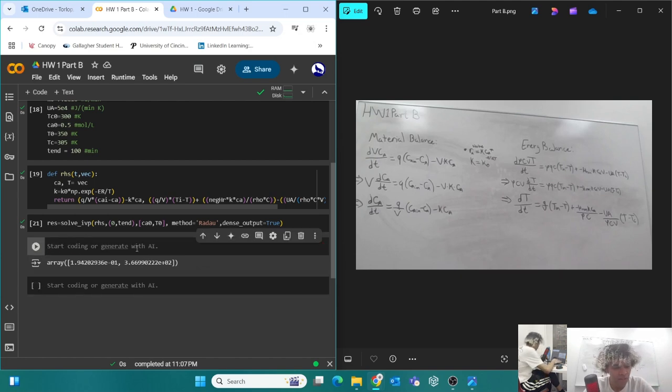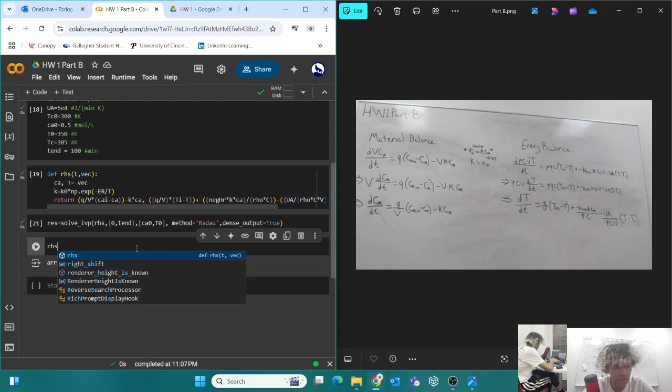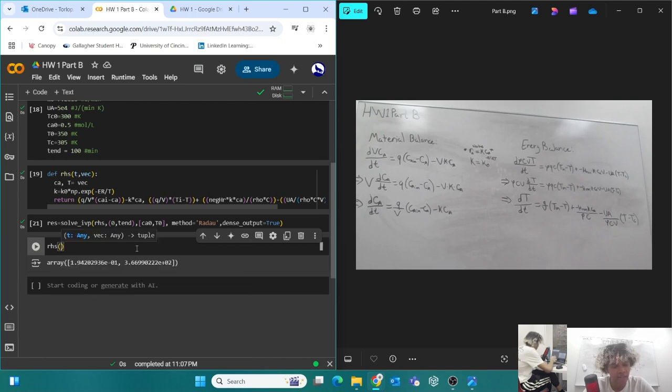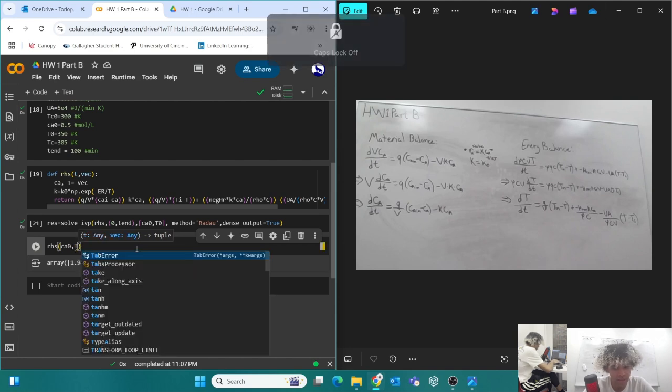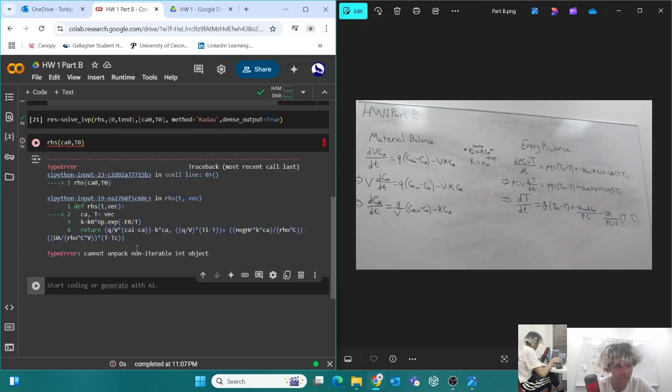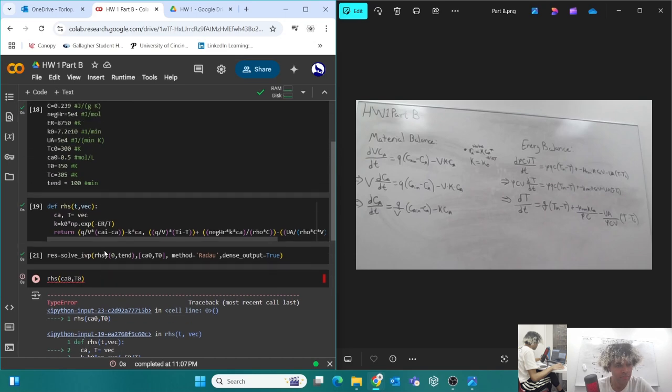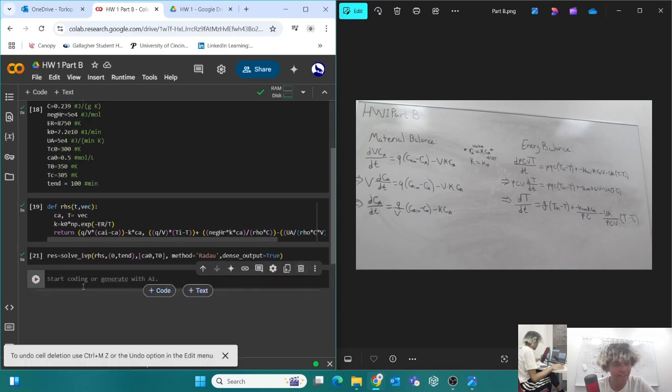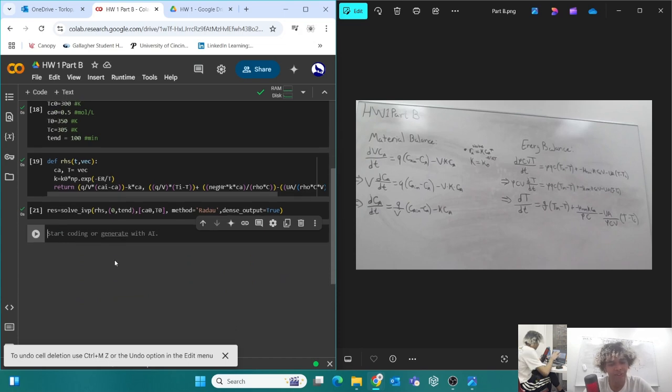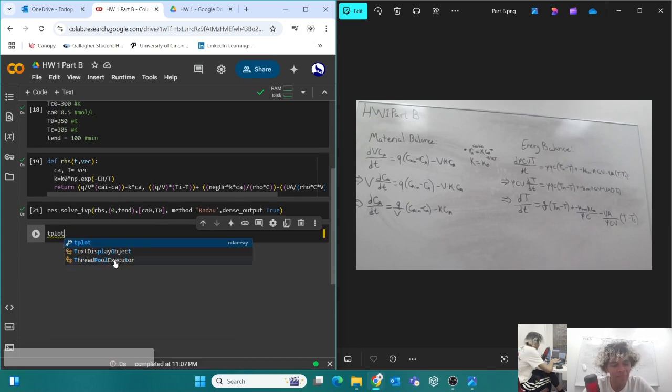Something I also want to mention is that if we were to look at the right-hand side and look at CA naught and T naught, never mind. It's not going to work right there. I think I'm missing a step. Let me first get the other part done before I start jumping steps.